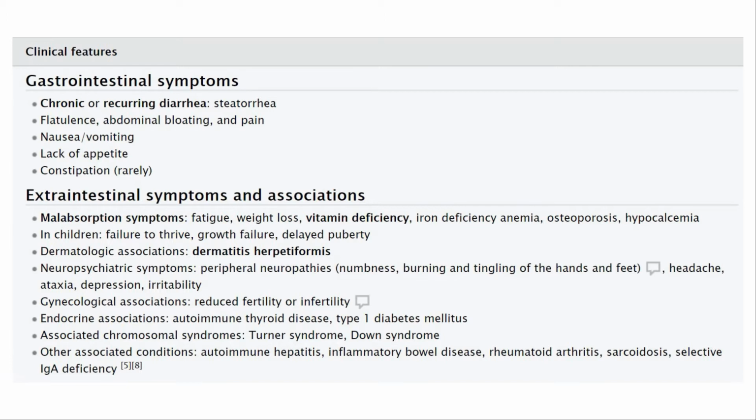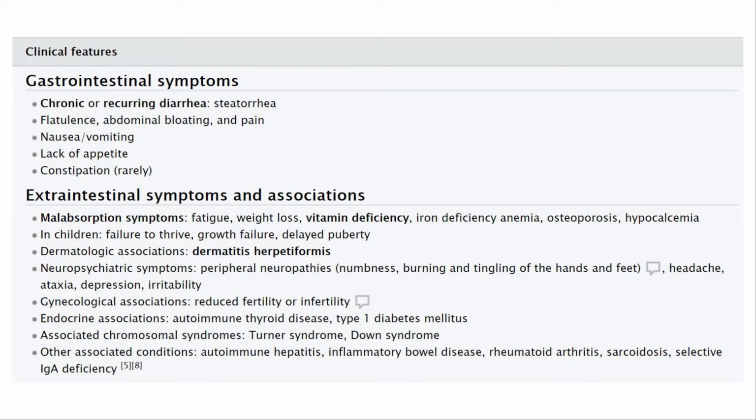and there are quite a few other extraintestinal symptoms and relations, but another thing to be aware of is this IgA deficiency that accompanies celiac. One of the antibodies we test in celiac is an IgA antibody, but in people that have celiac, for some reason there's an associated potential for IgA deficiency, which means you could end up getting a false negative, because even though they have celiac, they've got IgA deficiency, and when you go to test the IgA antibody, they don't have it because they just don't have any IgA antibodies.